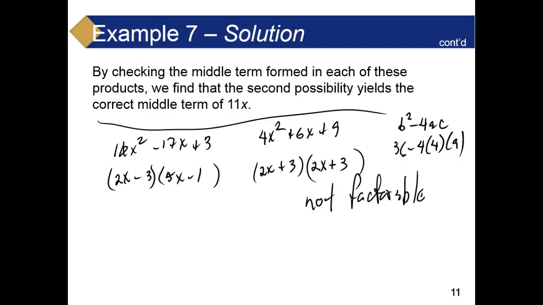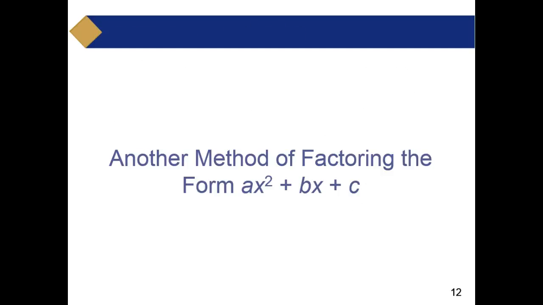So that may lead to another, this is that example 7 we've already done. Another method for factoring of the form ax squared plus bx plus c. And here's when I use this. When a has more than one possible factorization and c has more than one factorization, or when the numbers are just really big and ungainly, then I'll try this other method.